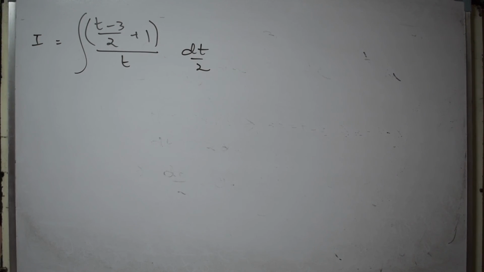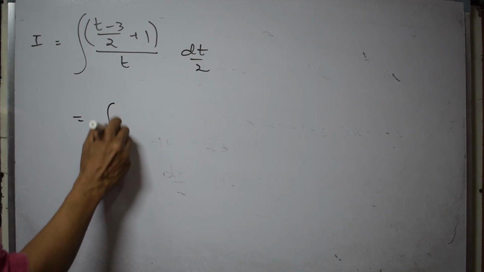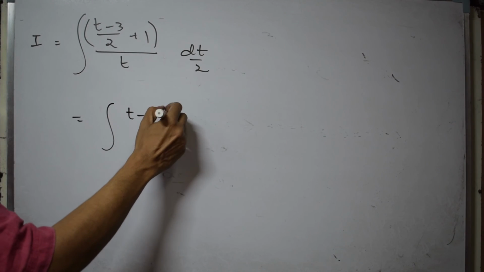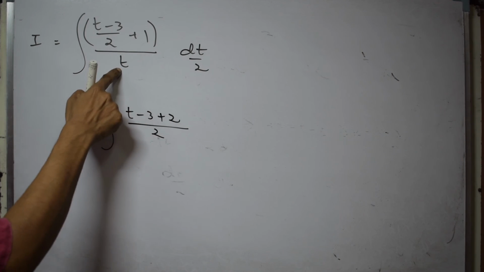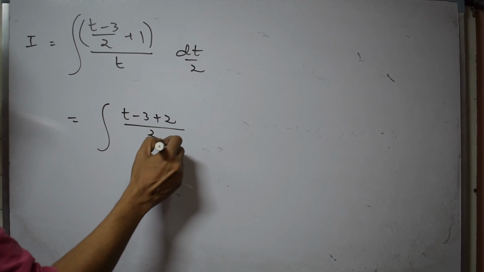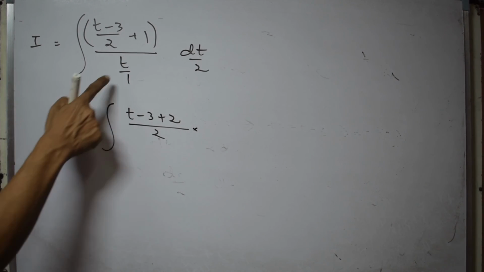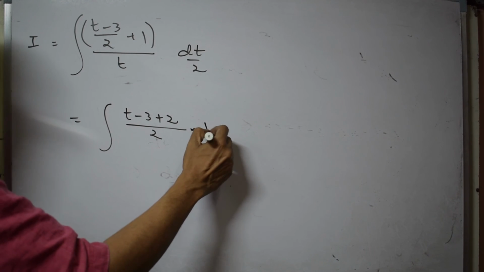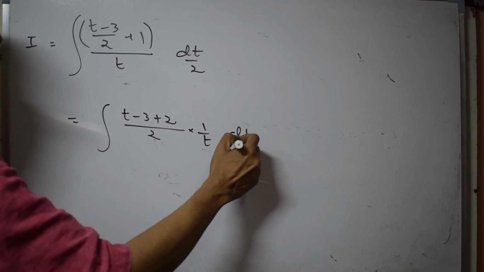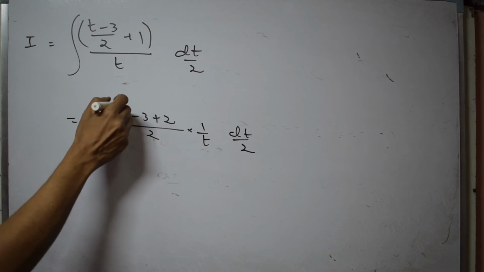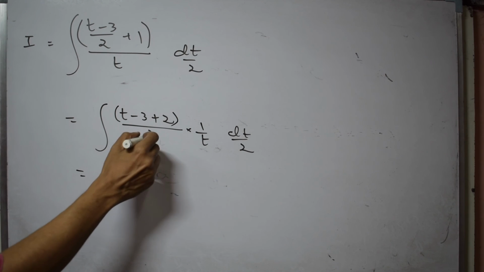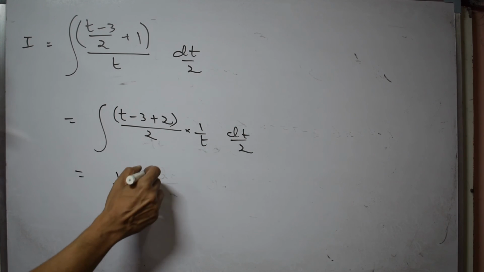This is a very typical type of problem. Now we will simplify (t minus 3 plus 2) by 2, and this t will remain in the denominator, because this is t by 1 actually. So we can write 1 by t, and that dt by 2 is there. So what is happening? 2 twos are 4 outside, that is 1 by 4.